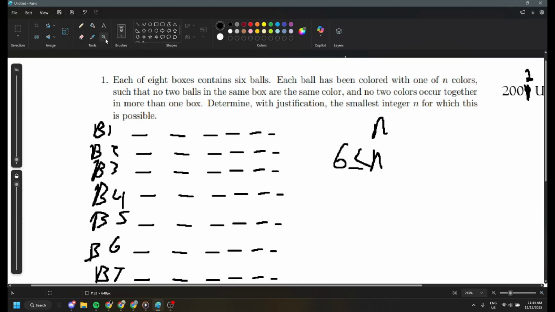Okay, so we at least have to have 6, and at most 48, because that would be a different color for every single ball. So n is less than or equal to 48. That's a pretty large range, but at least we've narrowed it down.